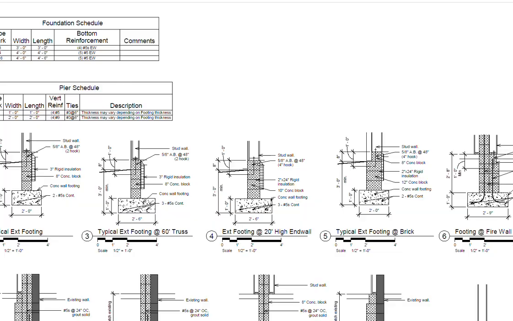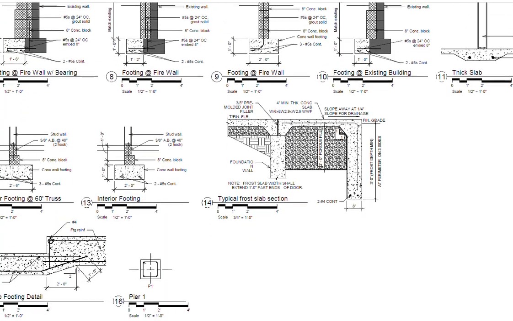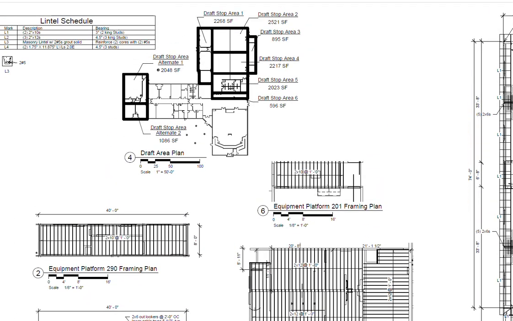Well, if we look up here at the header schedule, he's calling for 2 2x10s and an L1, and it's got 2 king studs here. And since these are actually going on exterior walls, generally what we do is we do 2 jacks, 2 kings on each end of the header. And so we're going to just follow that rule.